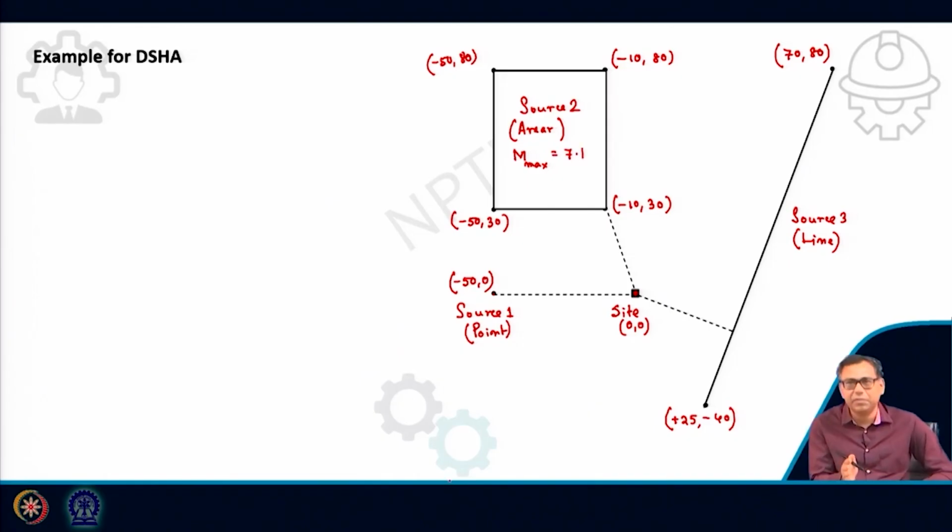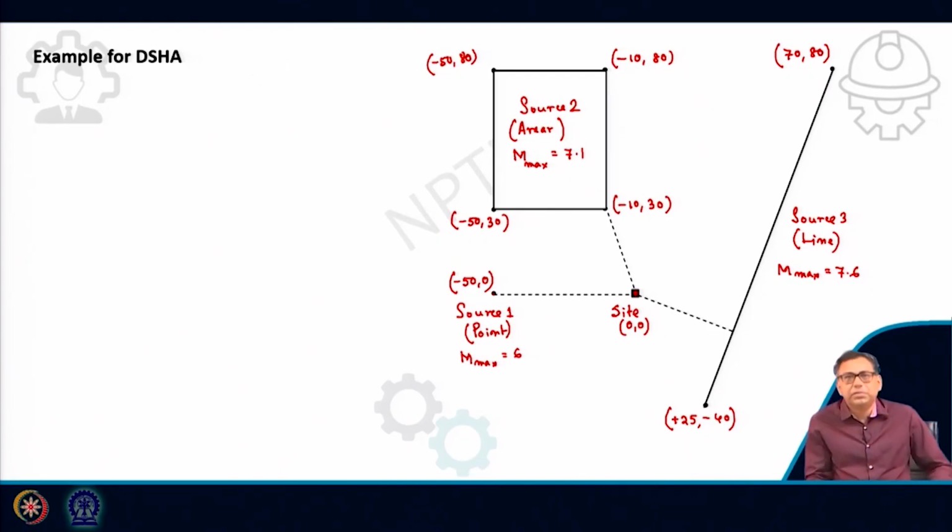The magnitude I am talking about is the moment magnitude. For source 1, M max is 6, and for source 3, M max is say 7.6. So these are all the information we have.